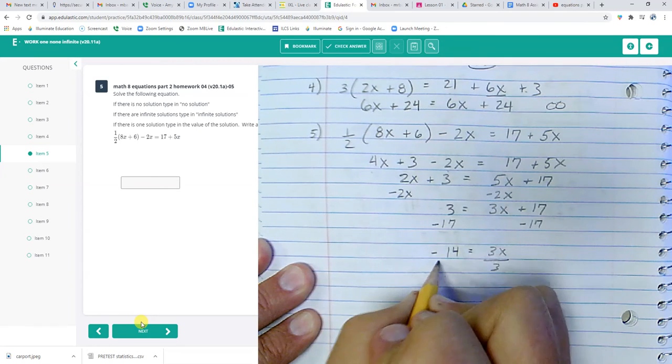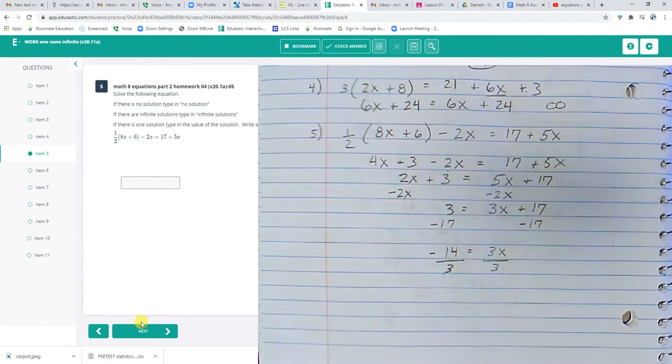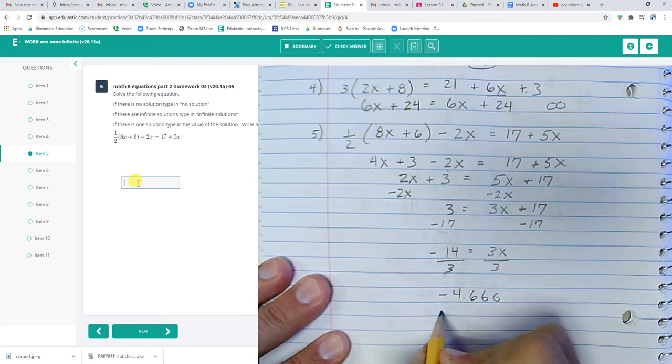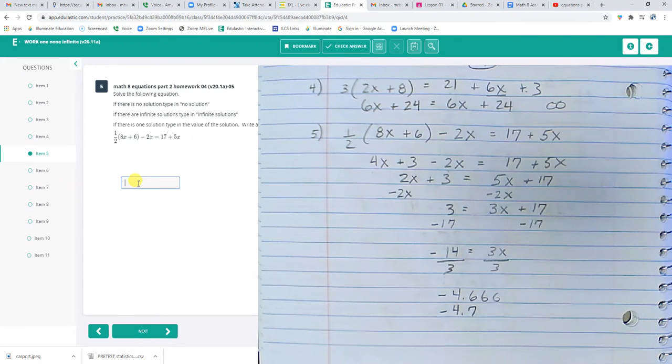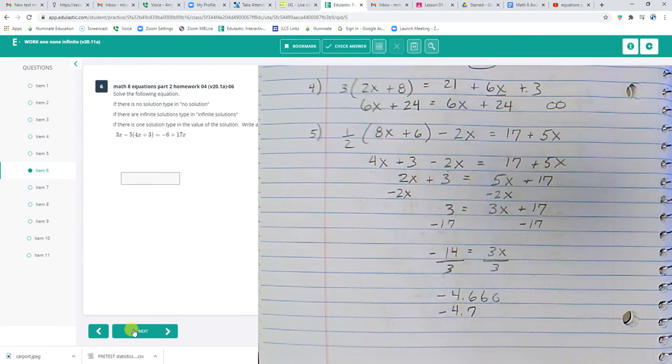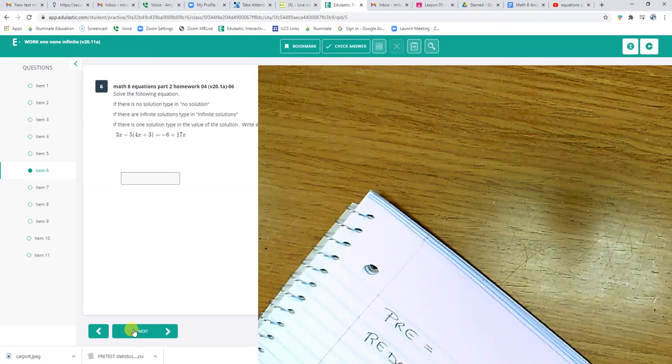Dividing both sides by 3, my answer is going to be negative 14 divided by 3, which is negative 4.666, so negative 4.7 with the correct rounding. Negative 4.7. Good. Let's go to number 6.